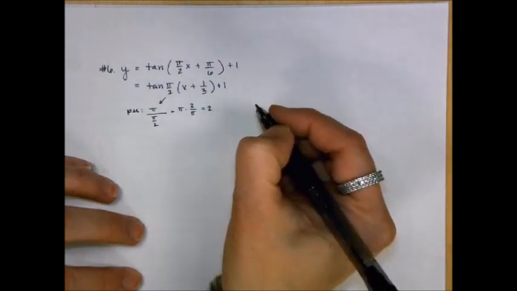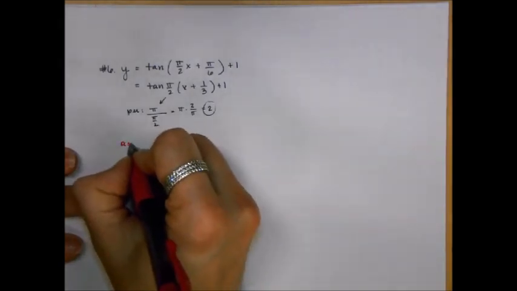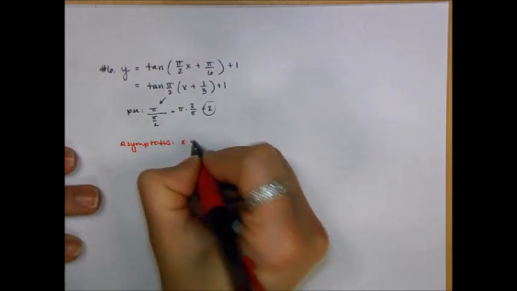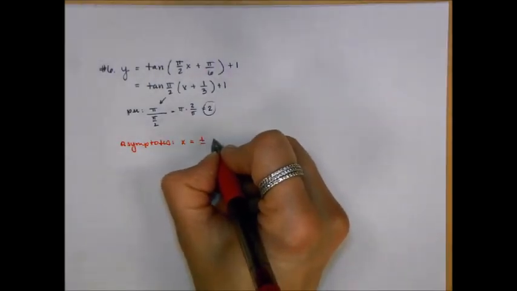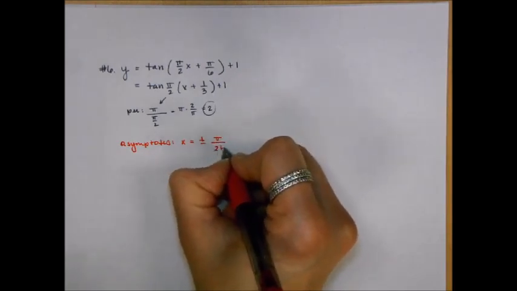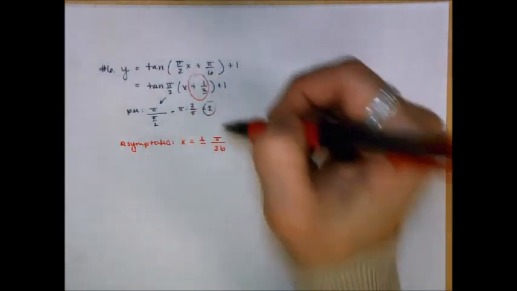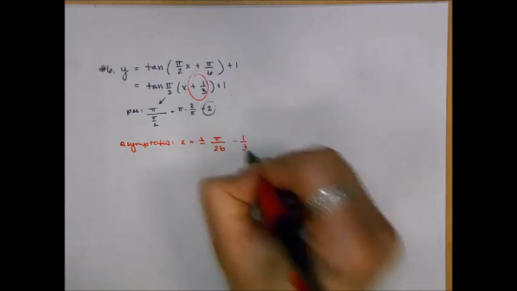What we actually want to do first is graph by finding the asymptotes. So we're going to start there. So your formula for asymptotes for a tangent graph are plus and minus pi over 2b, and then we want to add on the horizontal translation. So that's 1/3 to the left, which means we'll want to subtract 1/3 from each one. So we start by plugging in the value b.